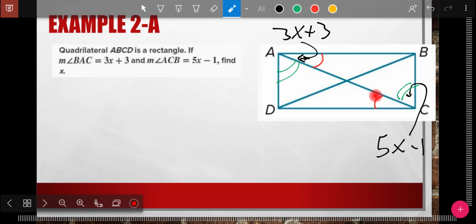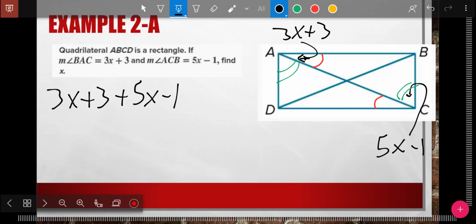Combined, they make the whole corner. How many degrees is the whole corner? It's a rectangle, so the whole corner is 90 degrees. You're going to say 3x plus 3 plus 5x minus 1 makes a whole corner, which is 90 degrees.